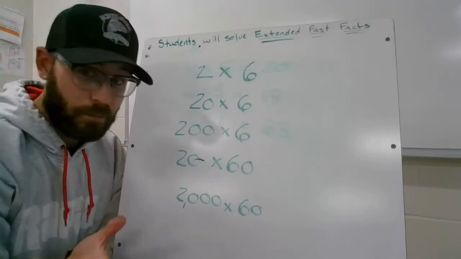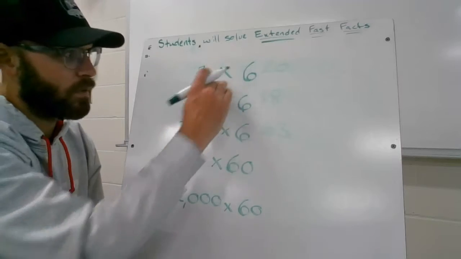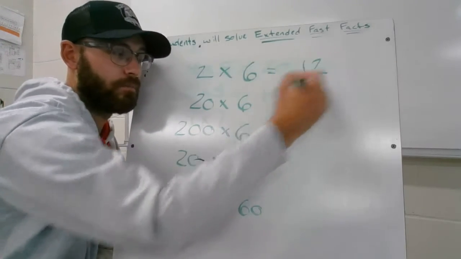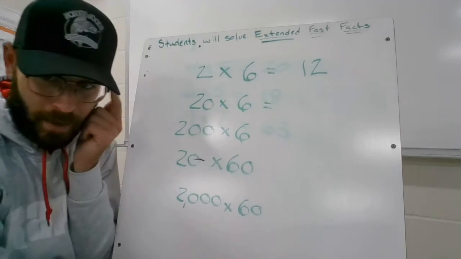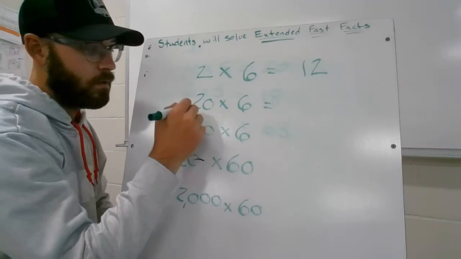Okay, these are a lot bigger numbers than what we're used to dealing with in fast facts, but you still should know 6 times 2 equals 12. Here are the other products. Remember, I'm going to solve these, and I want you to try to pick up the pattern you see.